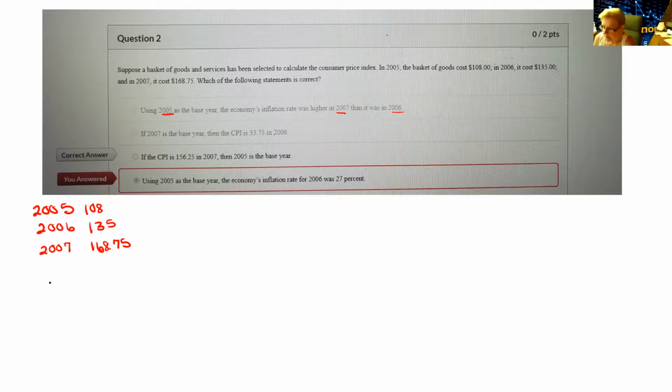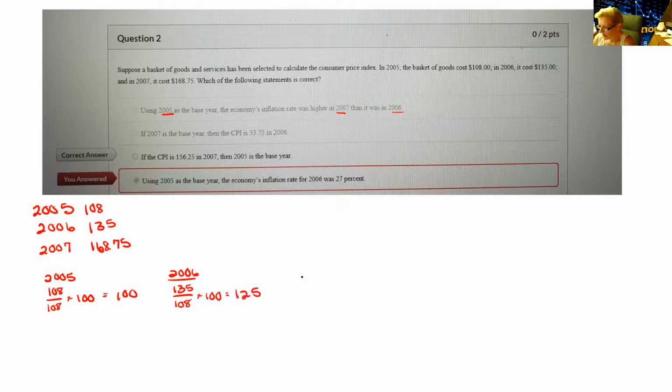So once I do that, 2005 is 108 divided by 108 times 100, which equals 100. For 2006, I have 135 divided by 108 times 100, because remember it's the current year divided by the base year, and that's 125.